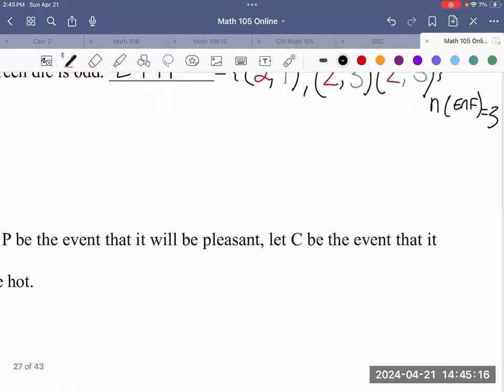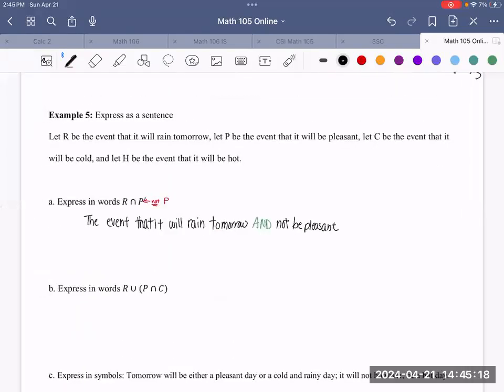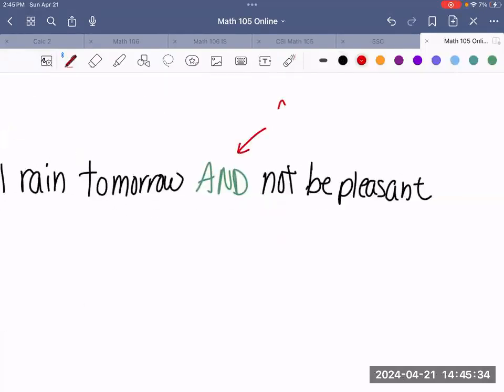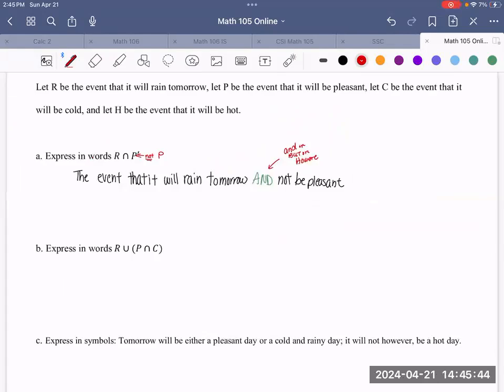Okay, that is only one way you can say the sentence. You can say it multiple ways. You could say the event it will rain but not be pleasant tomorrow. Anything that negates the P pleasant, but still say and or but, or however. Will, however, not be pleasant.